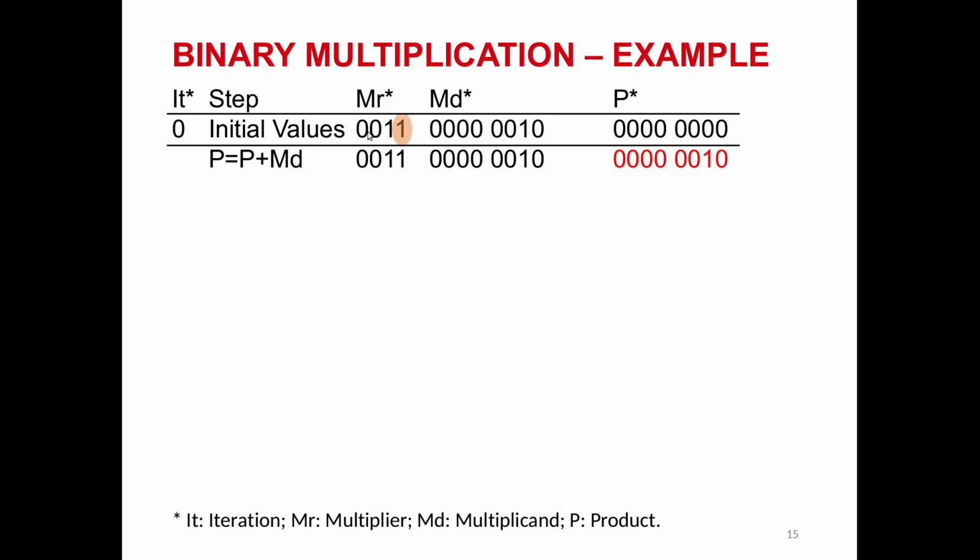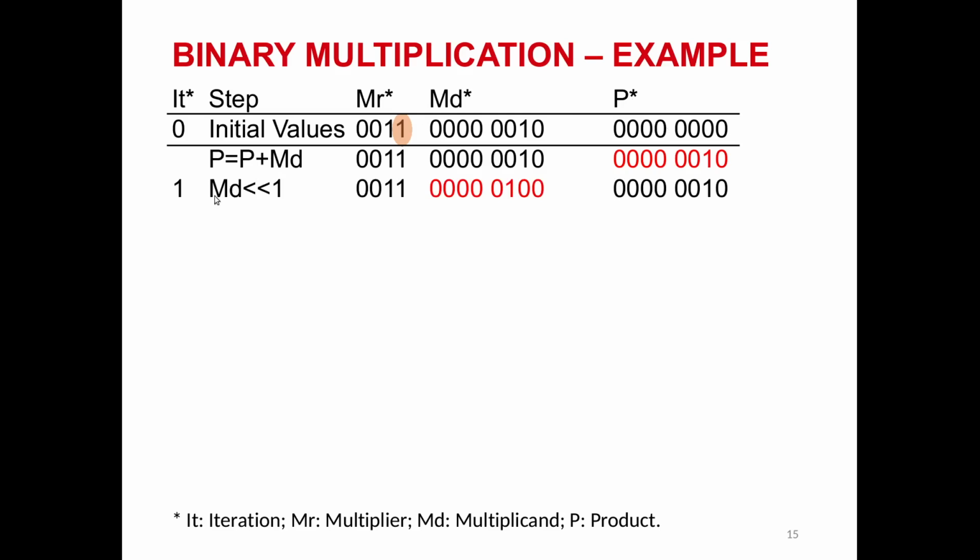So after checking this, we will add the product, that is 0, together with multiplicand, that is 0, 0, 1, 0 here, and we have the new value for product.